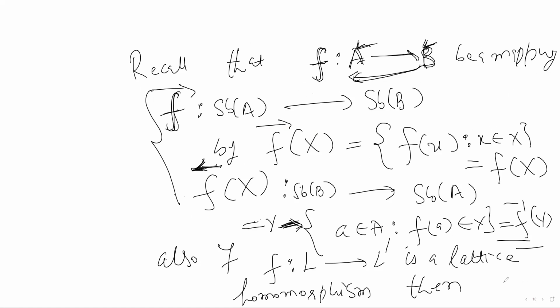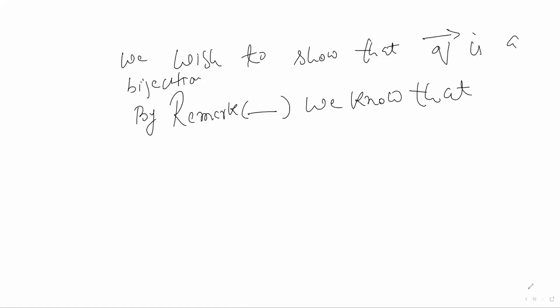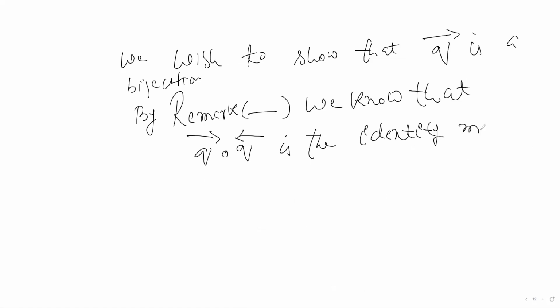So when we have a surjection, then their composition is identity. So we know that by that remark, Q forward arrow composition Q backward arrow is the identity map.